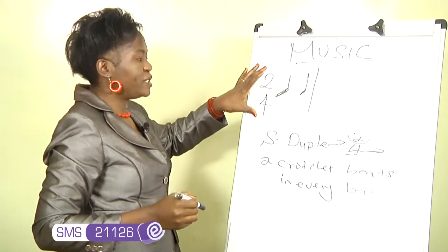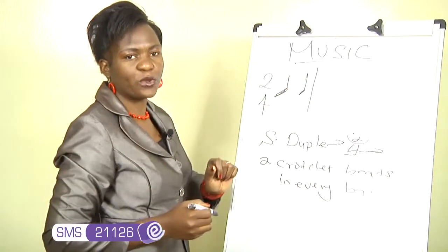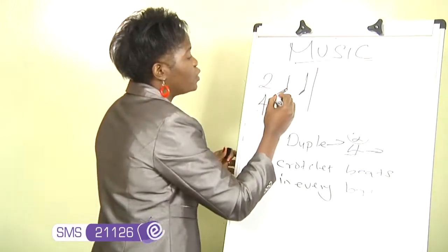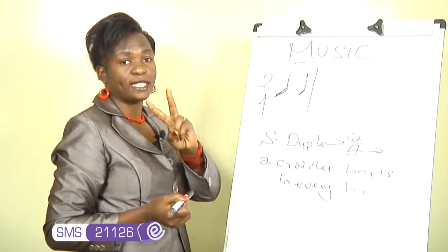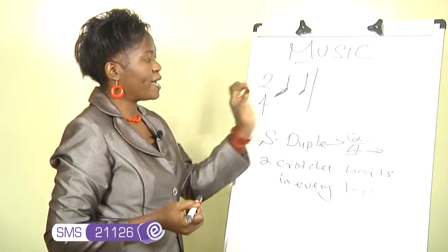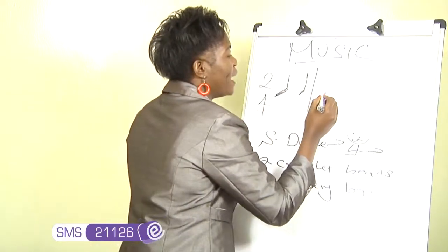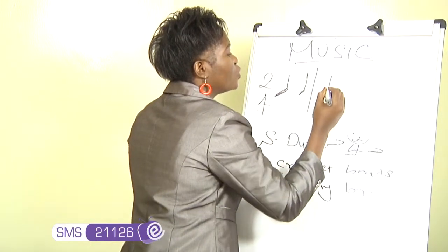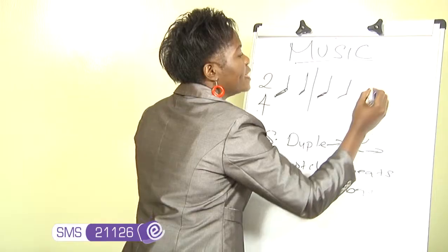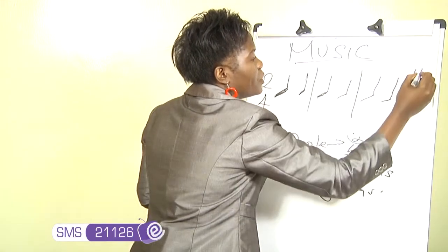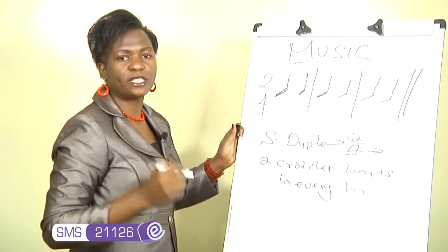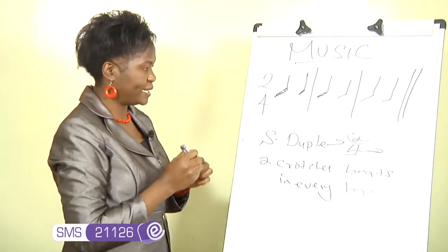This sign has been written just before we start our music, and therefore we have 2. This is a crotchet, and that's another crotchet, so you're having 2 crotchet beats. The first bar has 2, the second bar again has 2 crotchets, and the third bar should have 2 crotchets. When we finish our bar, remember we have to put double bar lines.